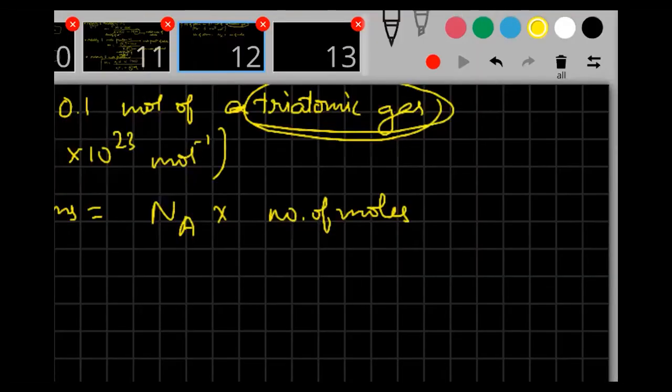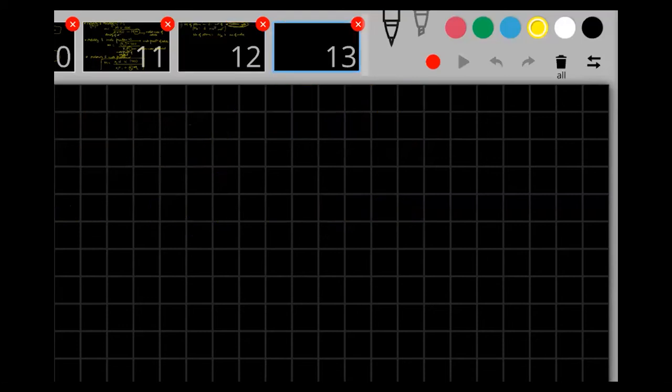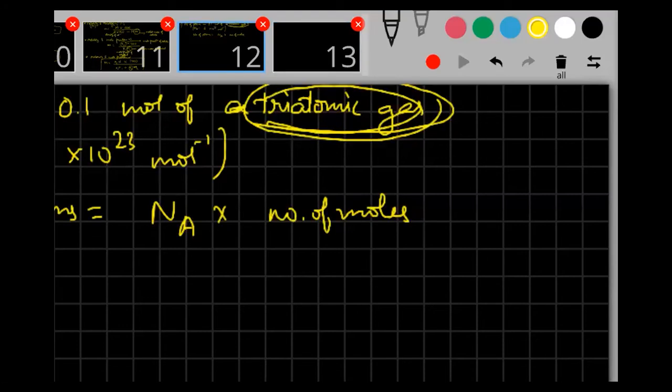But please take care of this too. As it is a triatomic gas, that is Na into this number of moles, we also have to multiply with a factor of 3.